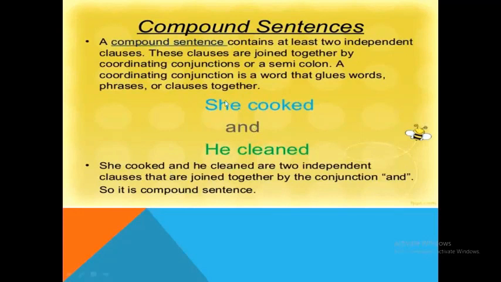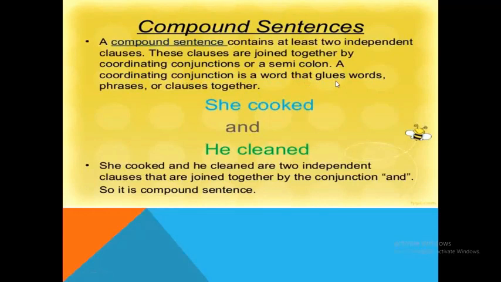Then we do have compound sentences. A compound sentence contains at least two independent clauses. These clauses are joined together by coordinating conjunctions or a semicolon. A coordinating conjunction is a word that glues words, phrases or clauses together.